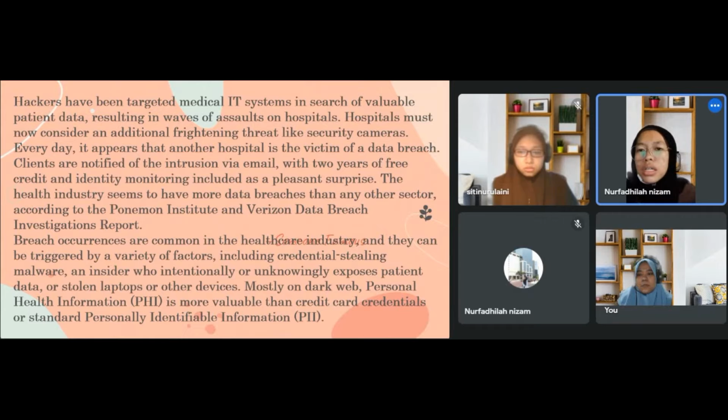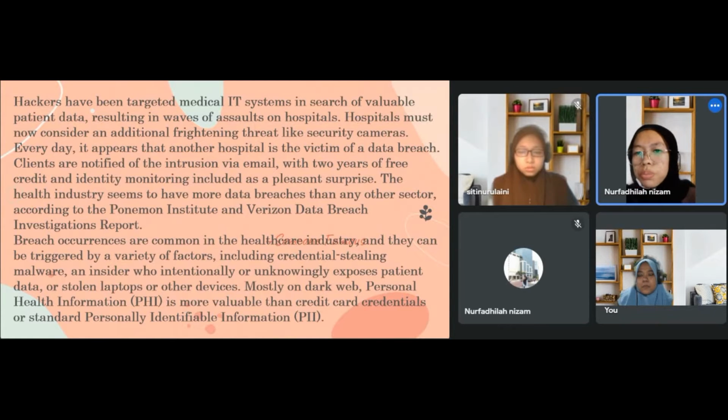Every day, it appears that another hospital is a victim of a data breach. Clients are notified of the intrusion via email, with 2 years of free credit and identity monitoring included as a pleasant surprise. The health industry seems to have more data breaches than any other sector.